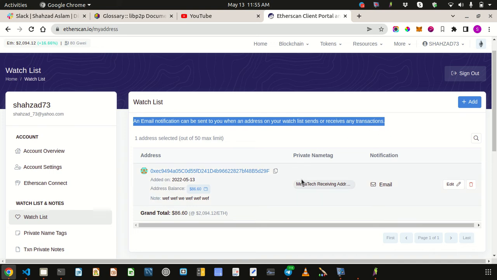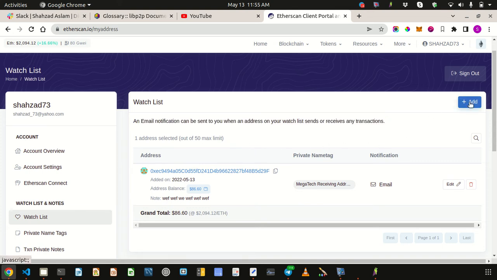So if you want to be notified that some transaction has been executed on a specific address or a smart contract, you can add that account address, or the ERC20 token address, into your watch list. So anytime some activity is performed, you will be notified through the email address.